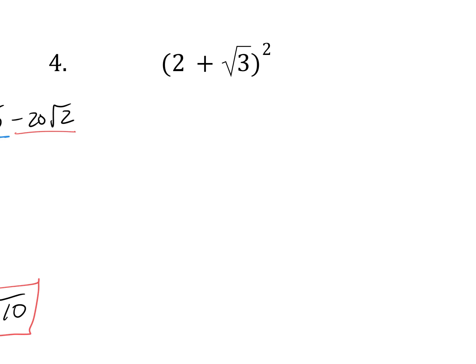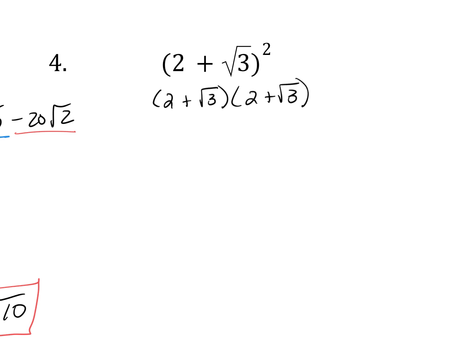But when I see this exponent right here, what does that mean? Well, this just means we're multiplying what's in this binomial by itself. So it's multiplying it twice, okay? So we are going to just, in fact, rewrite this equation to 2 plus root 3 times 2 plus root 3, okay?